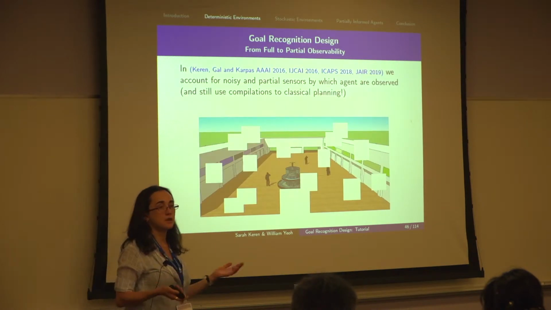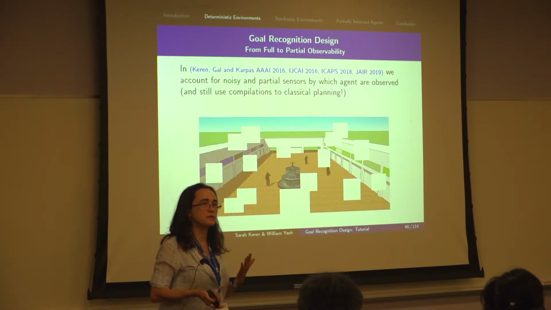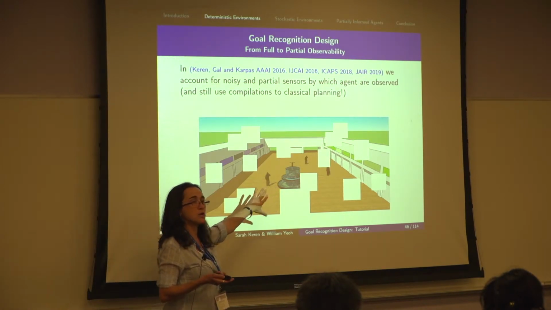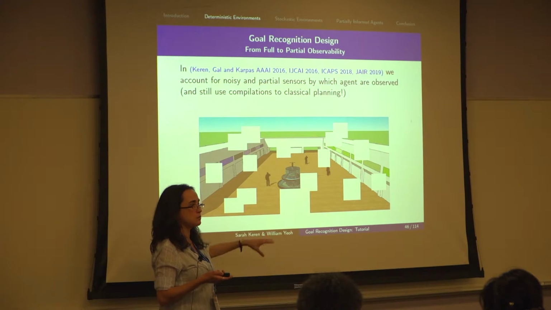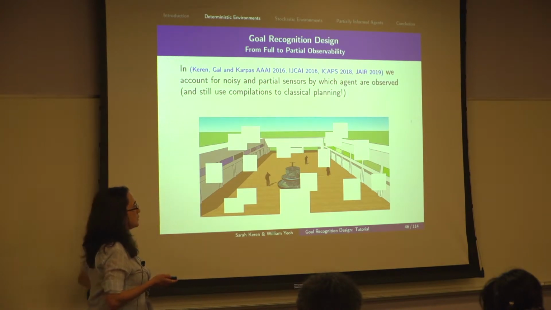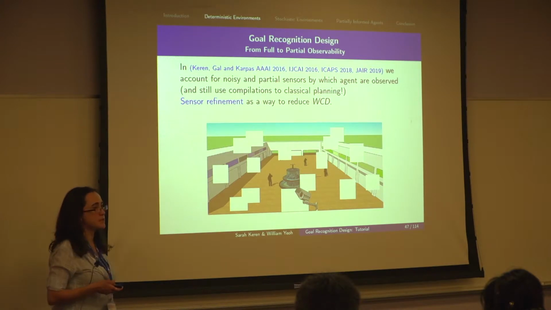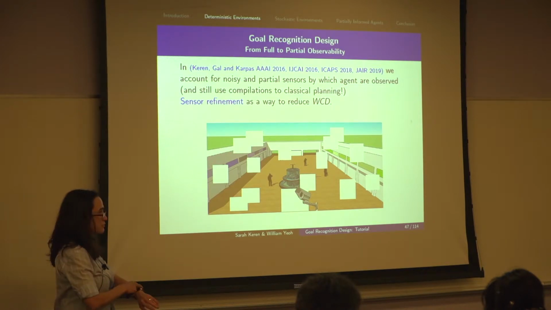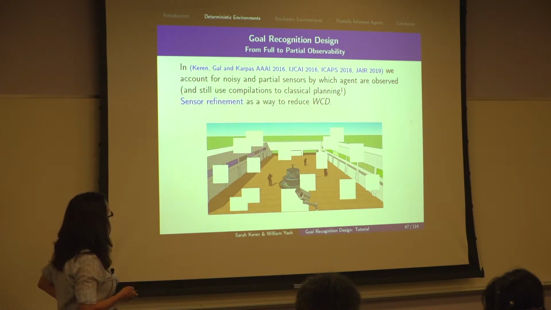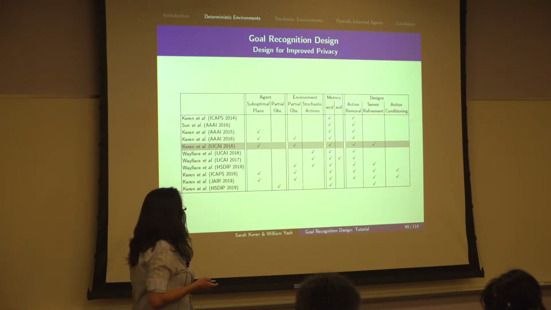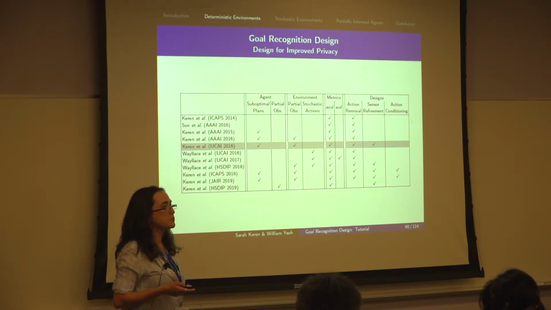So we had to extend the techniques, but GRD applies to settings where we have partial information. We don't have perfect observability of the acting agents, and we can place sensors to decide where we would put the camera in the airport to make sure that we recognize the goals of the agents as effectively as possible. We then had a model for improved privacy, so design for improved privacy.